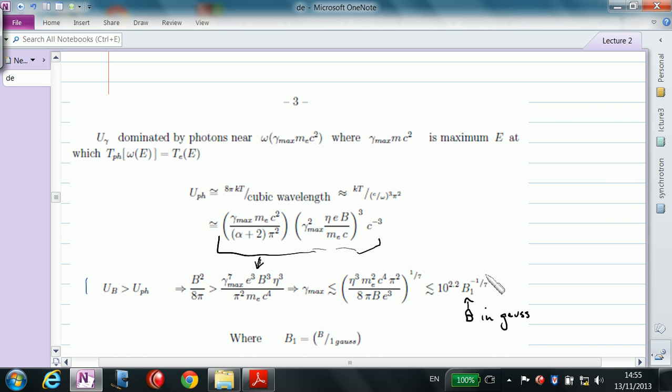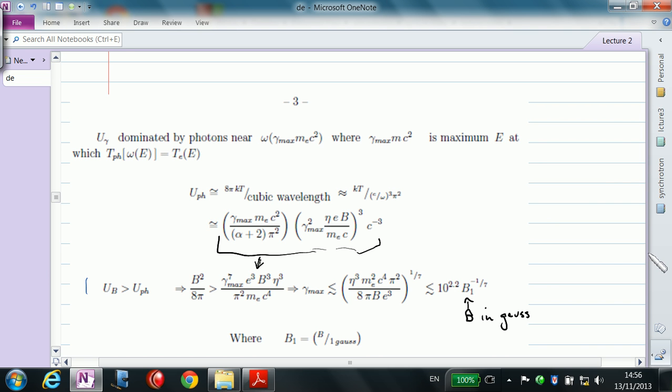So the point is that to a very good approximation, 10 to the 2.2, 2.3, about a factor of 100 to 200 times the electron rest energy is the maximum energy at which electrons can be in equilibrium with synchrotron radiation and not have an inverse Compton catastrophe.